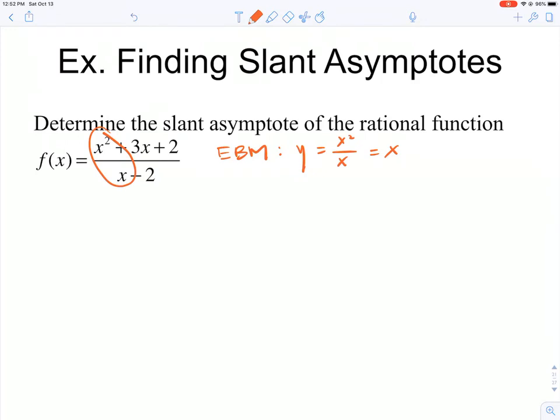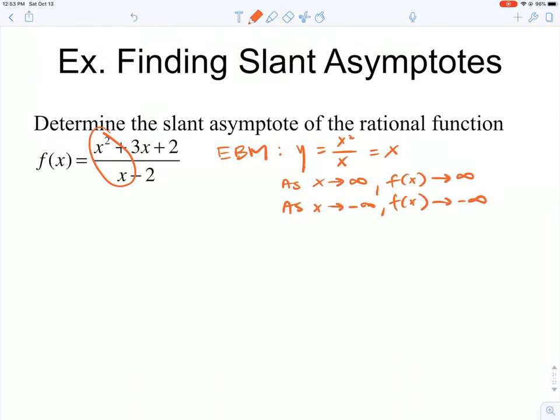Well, y equals x is a line, so this helps us determine the end behavior. As x approaches infinity, y approaches infinity, so f of x will also approach infinity. And as x approaches negative infinity, our end behavior model approaches negative infinity, and so would f of x.